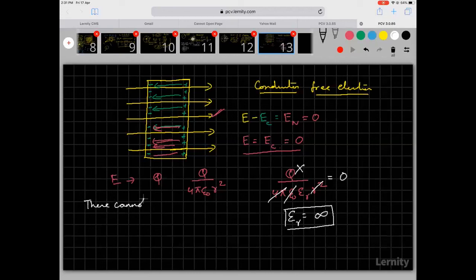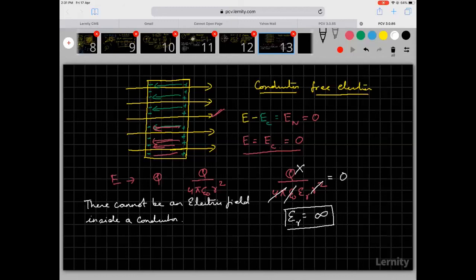So this is a very, very important concept, that there cannot be an electric field inside a conductor.